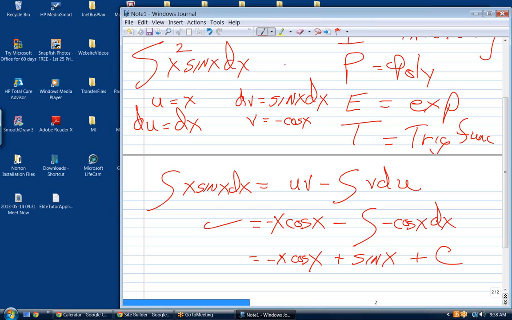If this started out as x to the sixth, you're going to have to do it 5 times to narrow it down. The second iteration would drop that 6 to a 5, the next one to a 4, and eventually you get all the way down to where your last integral is doable.